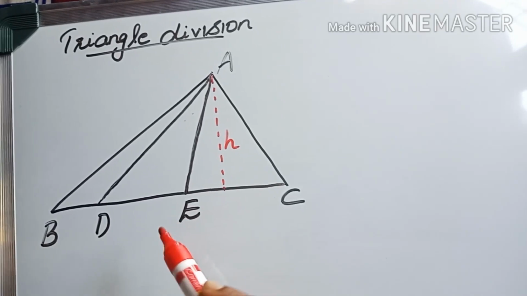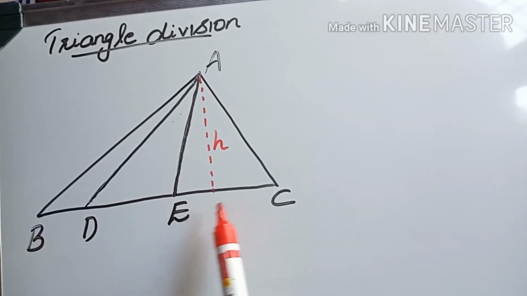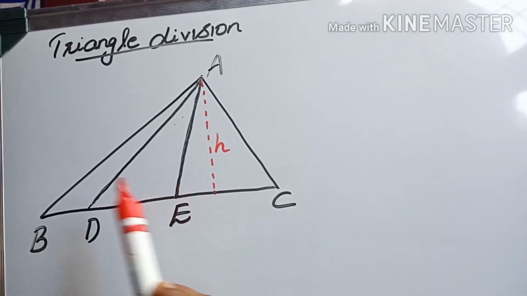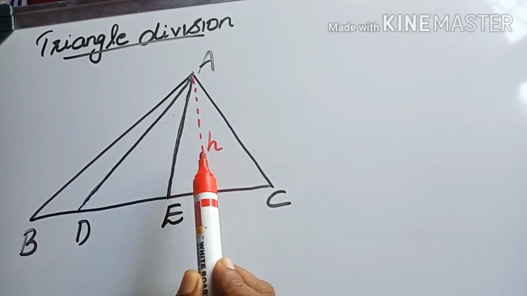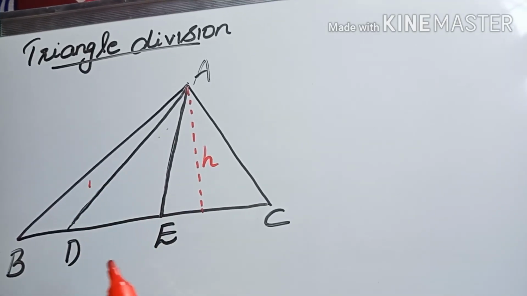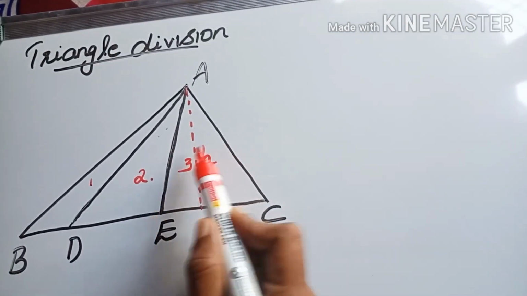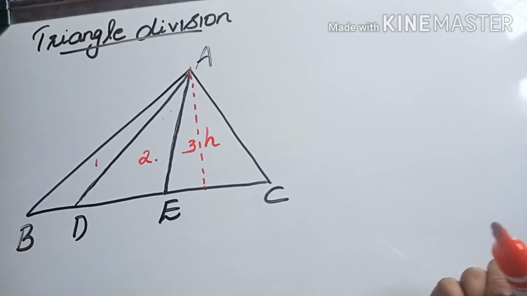Okay, so here we have to prove that the ratio of the base, these 3 base ratio and these 3 triangles areas ratio are same. That is, we need to prove here. This is the first triangle, this is the second triangle, and this is the third triangle together. AEC is the third triangle.